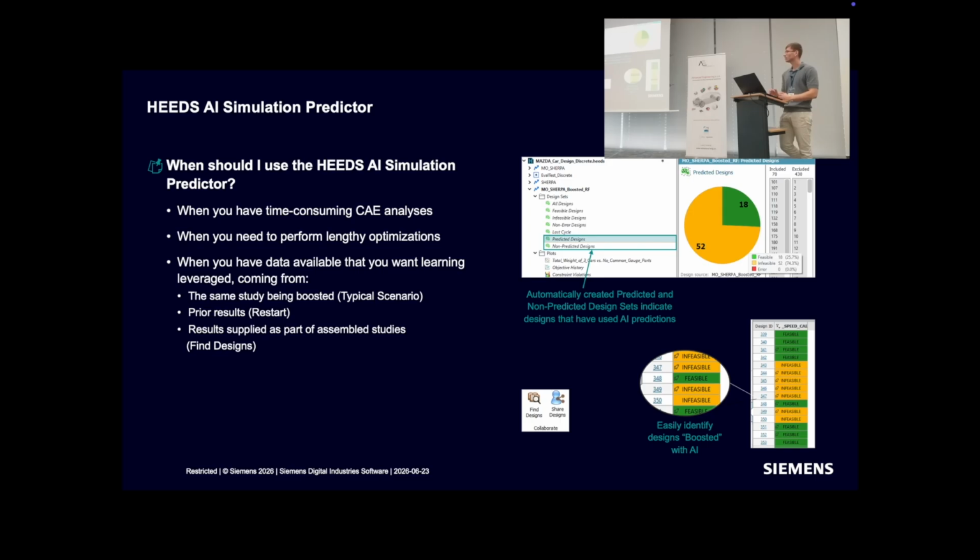And also when we want to leverage insights and data that either come from the same optimization study, or from prior results and prior optimization studies.